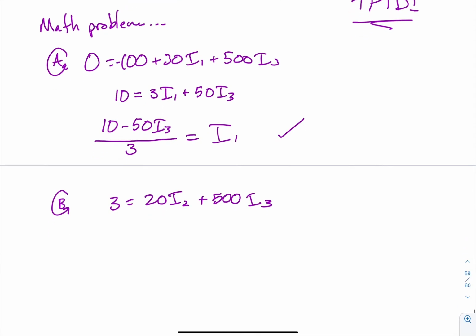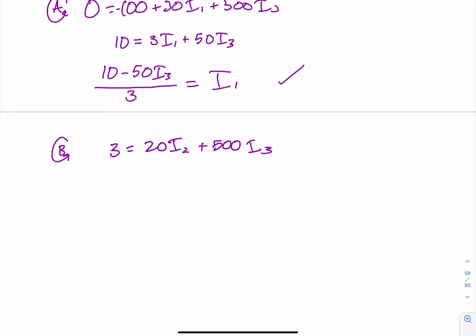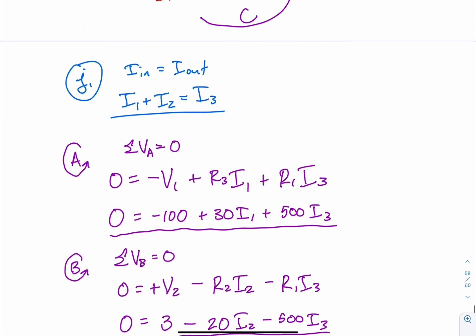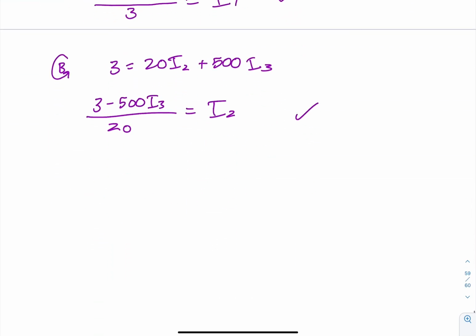And so for this one, I think I'm just going to go ahead and solve for I2. So we have (3 minus 500 I3) over 20 equals I2. And so I just have a couple equations here. And then my junction rule was written as I1 plus I2 equals I3.